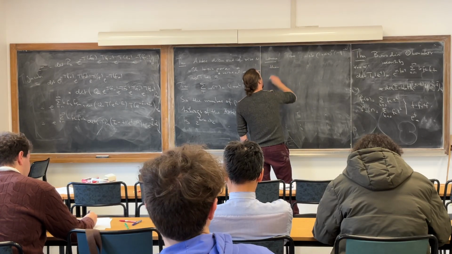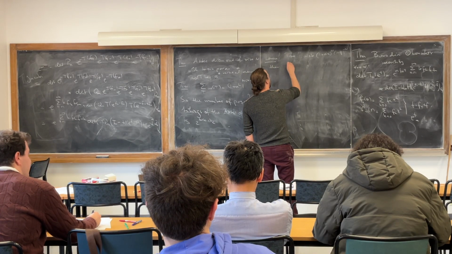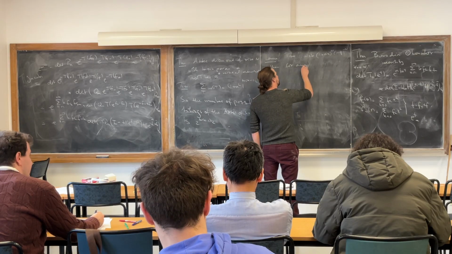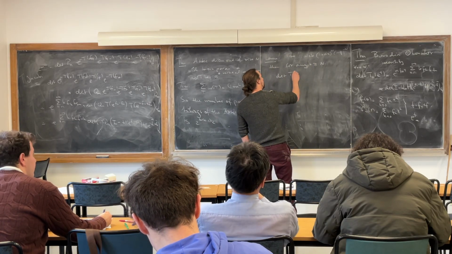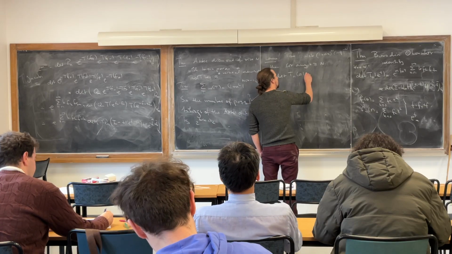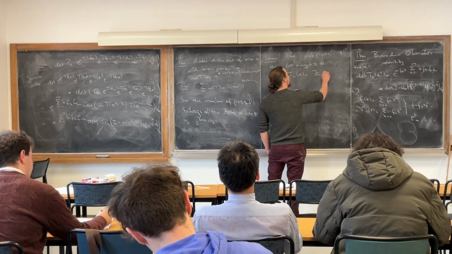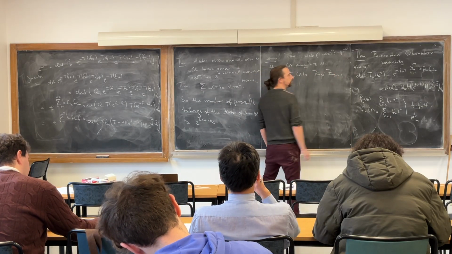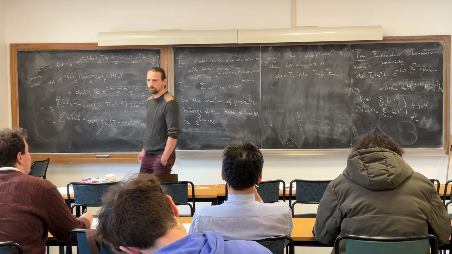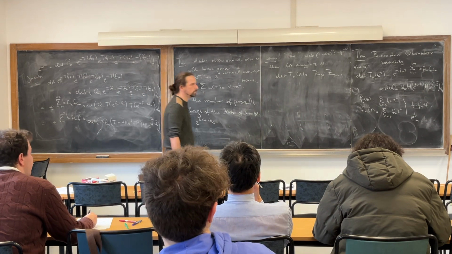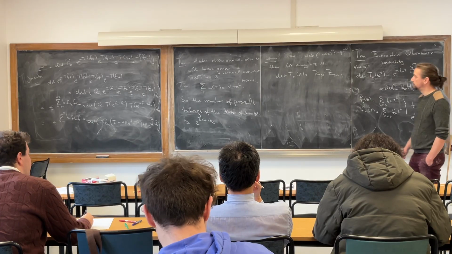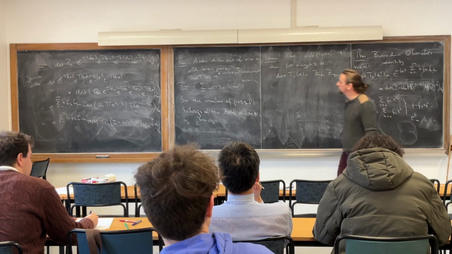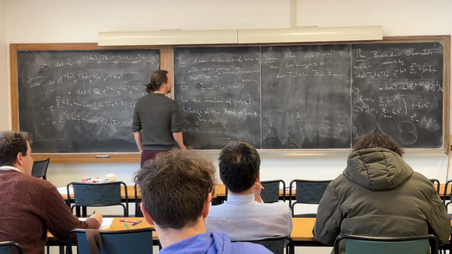Then for any n bigger than capital N, we have the determinant of T_n of A equals Z_n times Z_{n-1}. And Z_n is this partition function. Yeah. So this is Z_n.